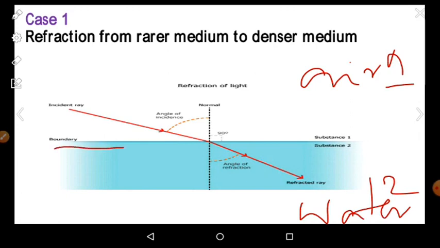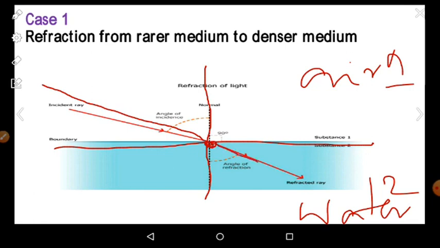And this is the surface boundary which separates the two materials, air and water. We can draw the normal to the surface boundary, and this is the incident light on the surface at this point. After crossing the boundary, entering into the water, it bends towards the normal, closer to the normal.